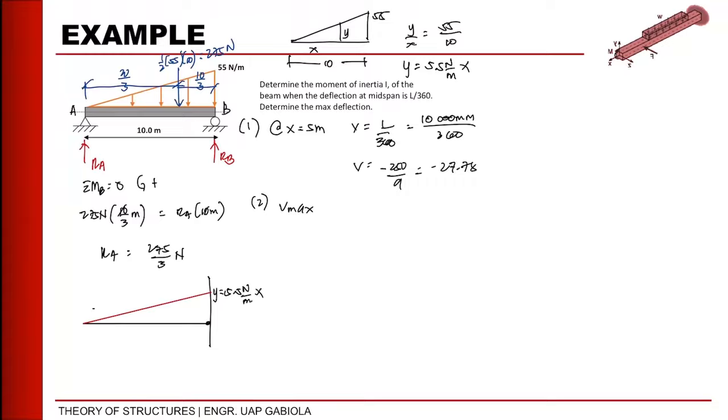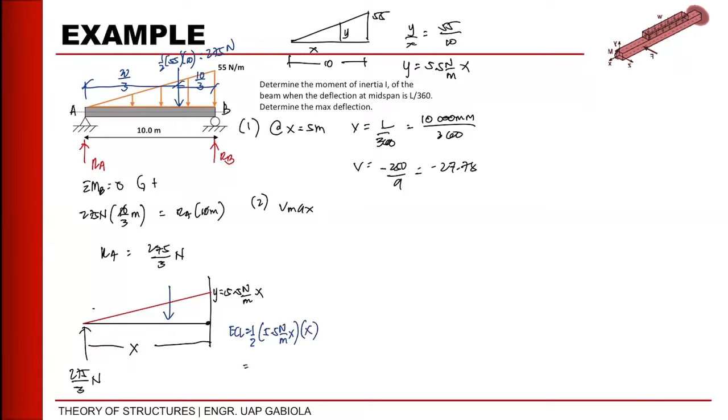Okay? Our reaction is 275 over 3 Newton. This will be x. So our ECL will be 1/2 of our 5.5 Newton per meter x times our x.